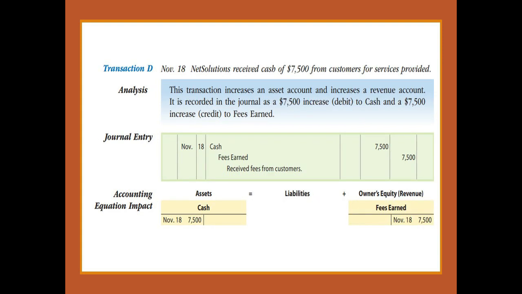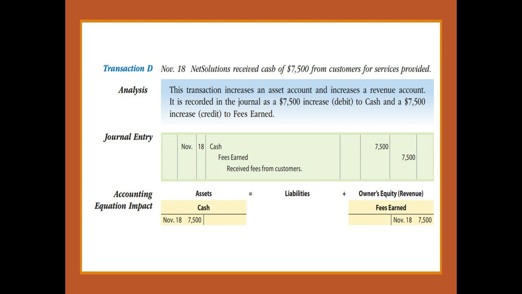Transaction D. November 18. NetSolutions received cash of $7,500 from customers for services provided. The analysis of this transaction is an increase in an asset account and an increase in a revenue account.